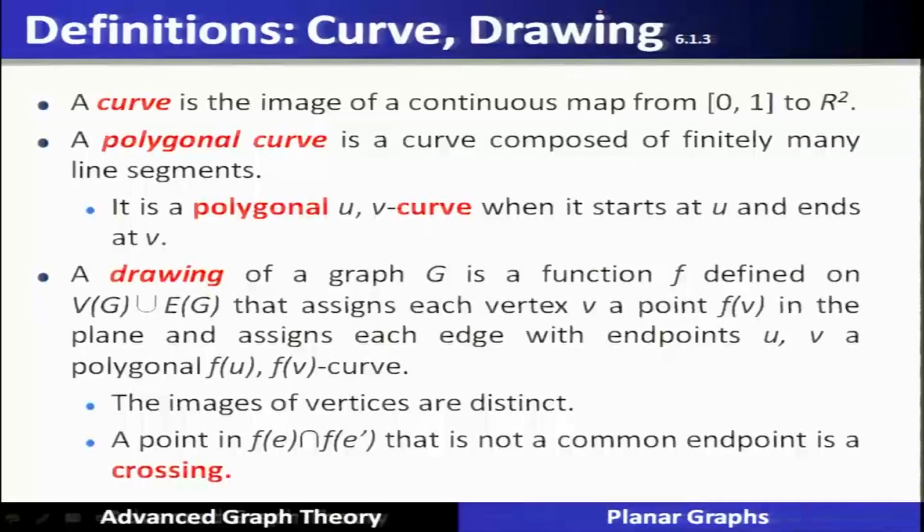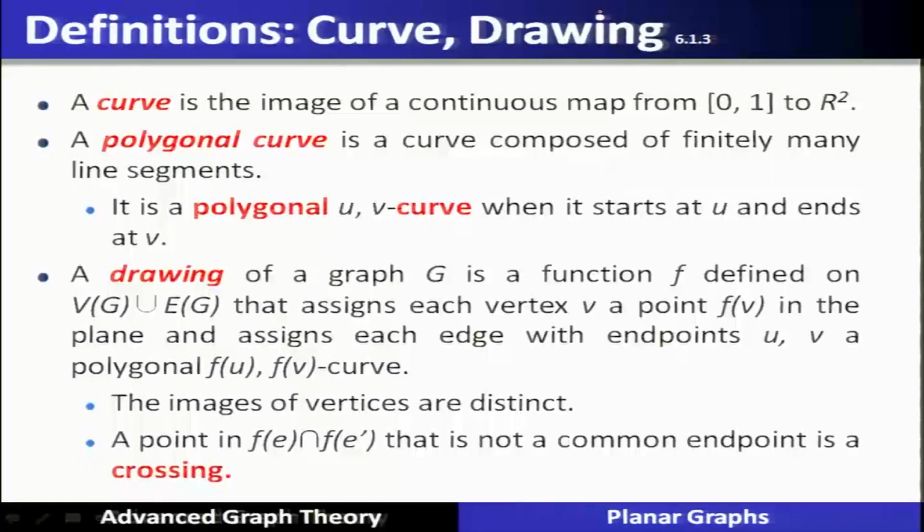A curve in a drawing is an image of a continuous map from [0,1] to R square. A polygonal curve is a curve composed of finitely many line segments. It is a polygonal u,v curve when it starts at u and ends at v.